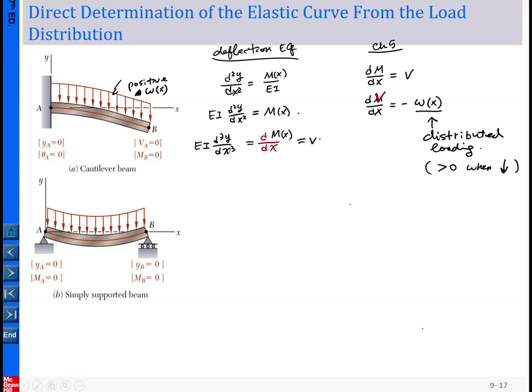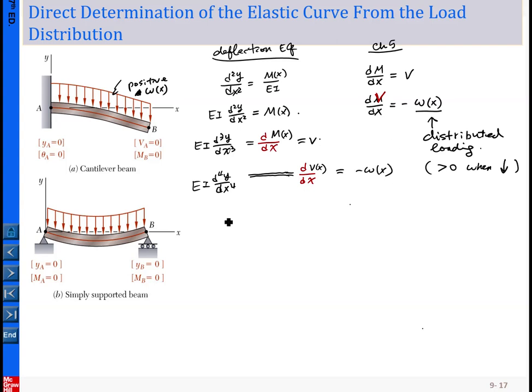Furthermore, we know dV/dx equals minus omega of x. So now I take the derivative on both sides one more time, so that should be the fourth derivative. That should be equal to this one, and this one is equal to minus omega.